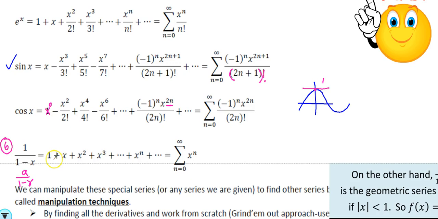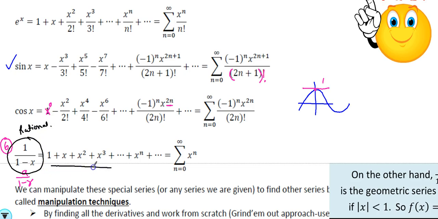A is the first term, the common ratio is x, and the terms are 1 plus x plus x squared plus x cubed, which is x to the n. So it is a rational function, which we have often seen in a free response question as well. You have to make the connection that this is a rational function.